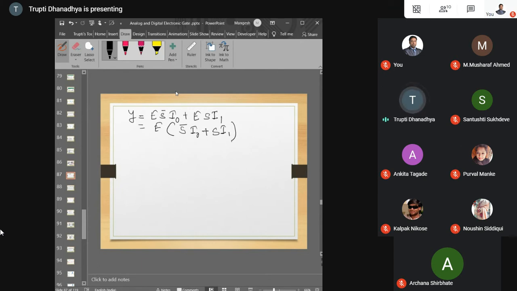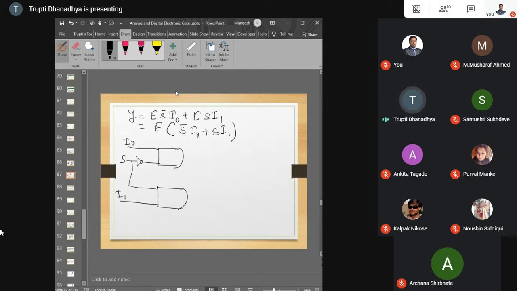By using AND gates and OR gate, we have to design this equation. So we require two AND gates, of course, because there are two product terms. Then I0, of course we require S complement, so I'm taking a NOT gate. I0 with S complement, then of course we require S, and I1.